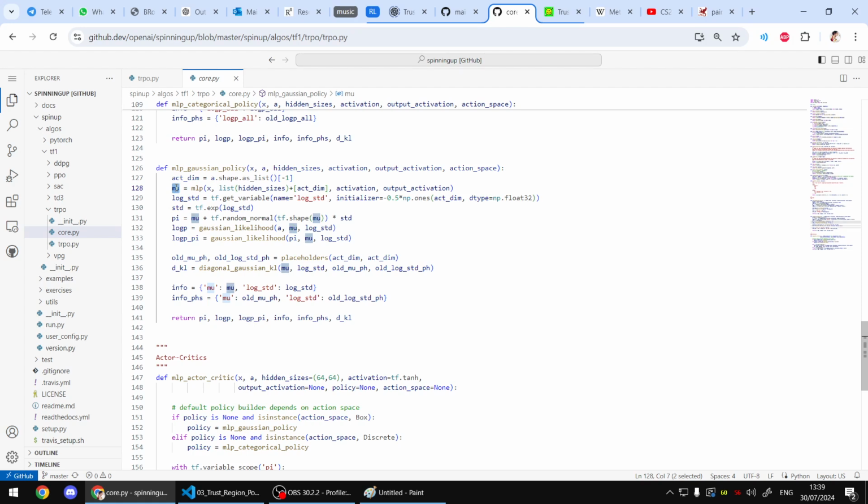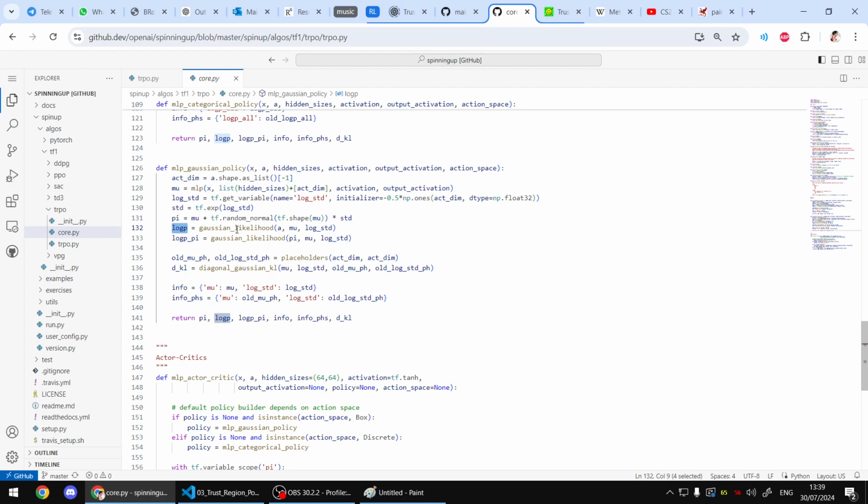And for every state, it produces what it expects to be the parameter of the distribution. This log standard deviation, again, there are number of actions of these as a trainable parameter, and then we do this sampling, multimodal Gaussian normal distribution, so offset and scaled.